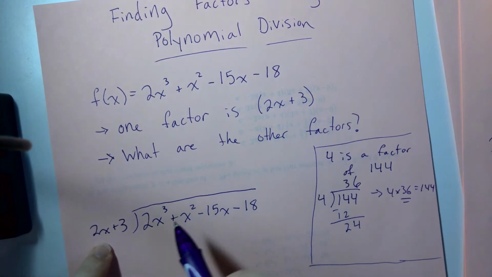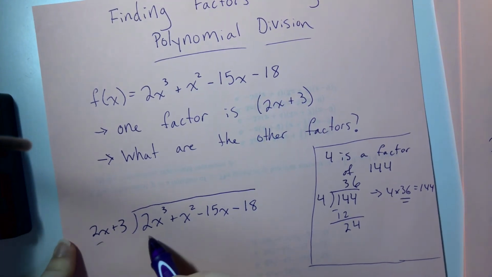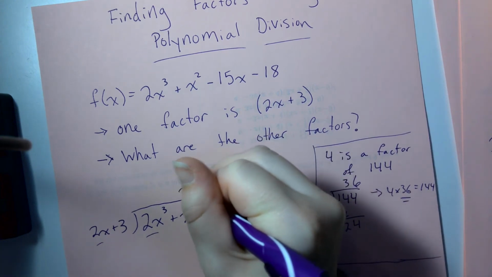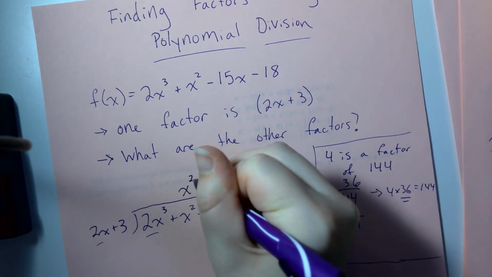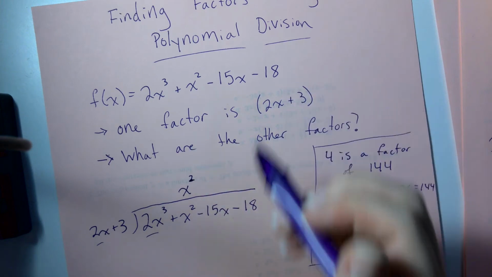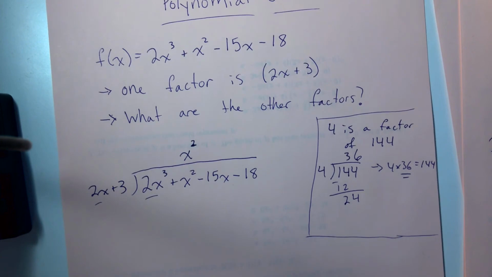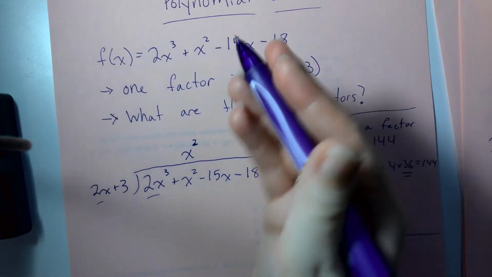Now 2x goes into 2x cubed x squared times, so we put x squared here. If you struggle at all with this long division, I have another video covering long division of polynomials if you want to check that out.